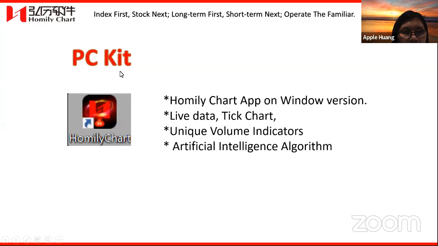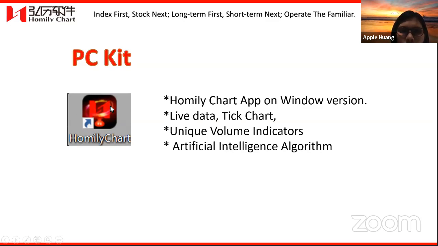The PC kit is actually the homely chart app. Apps normally run on the handphone, either on the iPhone, iPad system, or the Android system. But this PC kit is the homely chart software that runs on Windows.